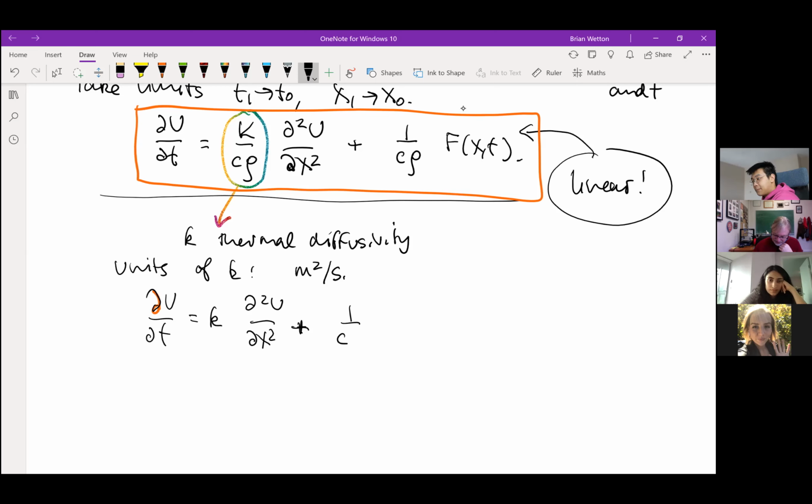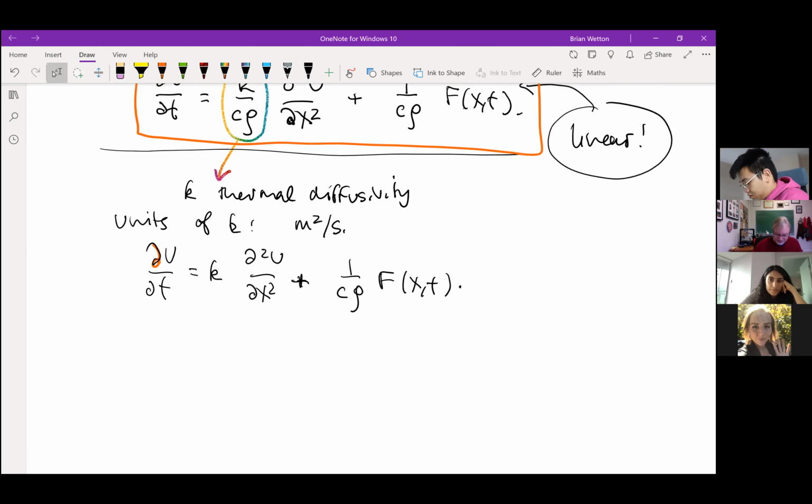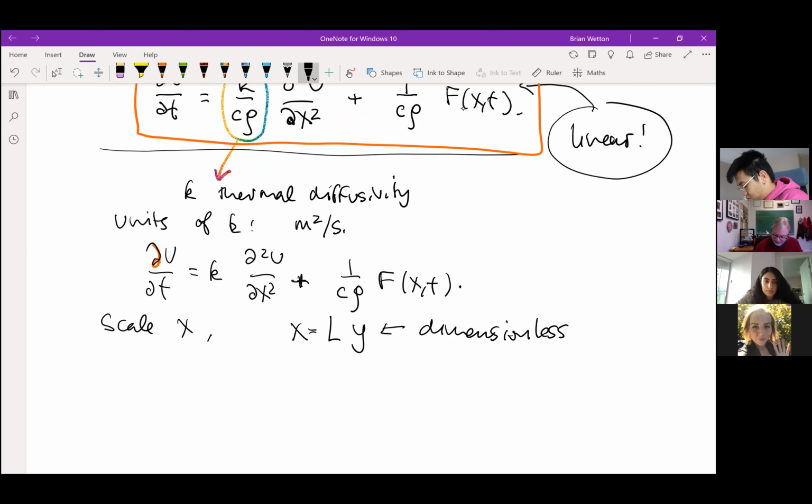Of course, you already know that I'm going to scale x. So I'm going to have x is L times y, and this will be my dimensionless spatial variable. y will go from 0 to 1.